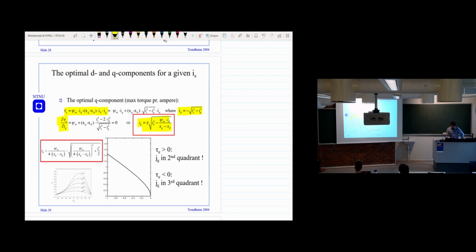From these two relations, if you insert this ID in the IQ equation, then you will also get the ID equation, the optimum current for the d-axis current. That's how we can calculate the optimum current for the interior mounted machine.